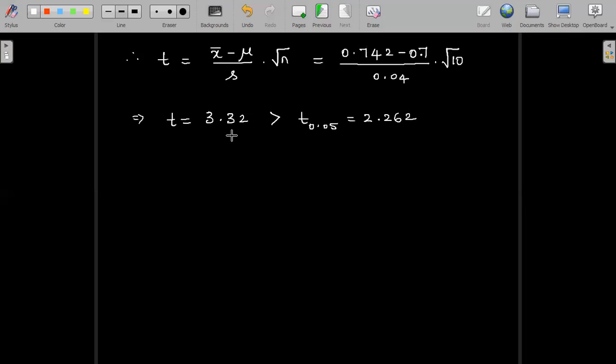So the calculated value of T is greater than the table value of T at 5% level of significance. Therefore, H naught is rejected.